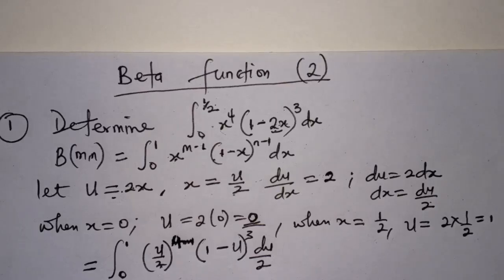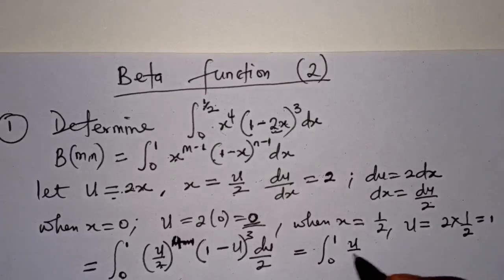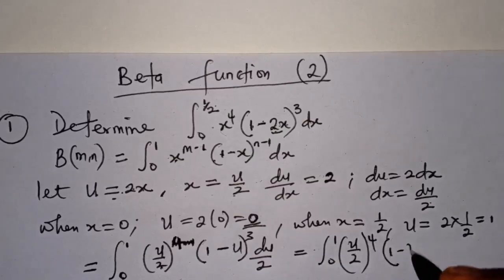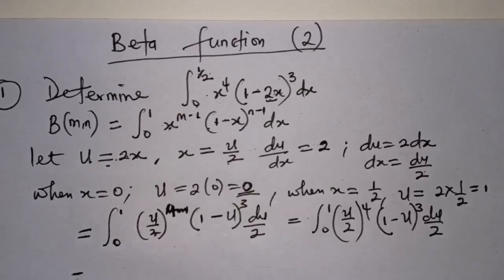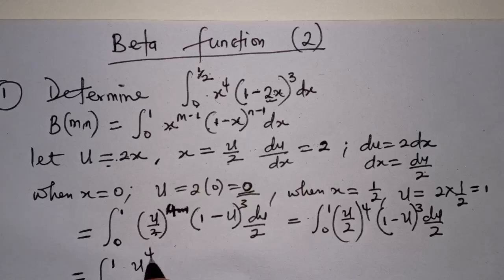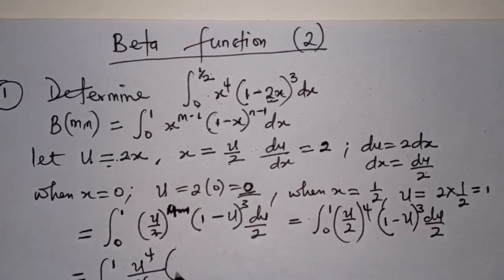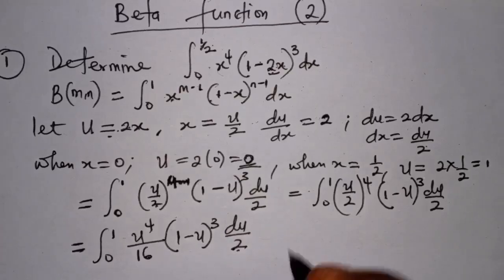Okay, so I want to write this integral again very clearly. The integral from 0 to 1 of u over 2 to the power of 4 into 1 minus u to the power of 3 du over 2. And so this is equal to, let's simplify this. The integral from 0 to 1, that will be u to the power of 4 over 2 to the power of 4 is 16, into 1 minus u to the power of 3 du over 2. 2 times 16 is 32.